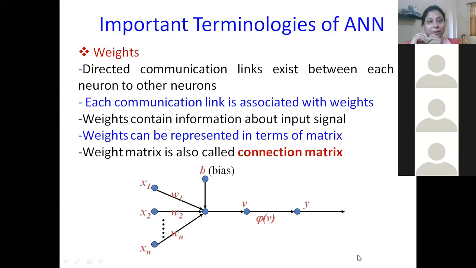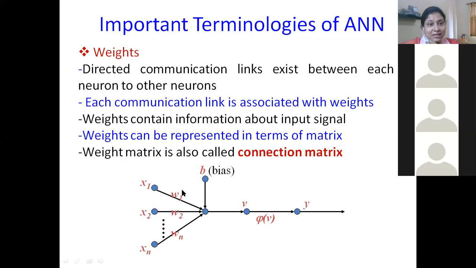Now if you can remember the previous class as well, what we learned is that these x1, x2, up to xn, all these are input data, right? So these can form input vectors as well. All this input data is connected with the next node with some kind of weights associated with the connecting links.